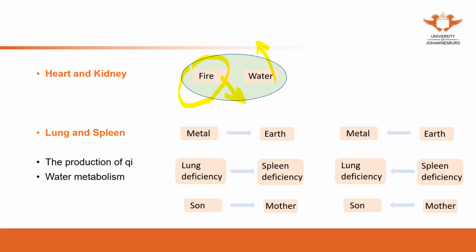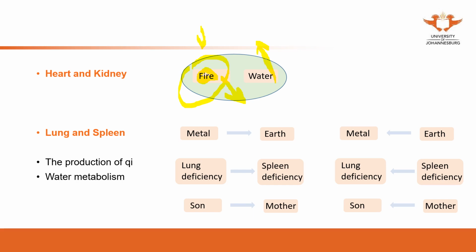This fire will consume the heart's yin. It's very similar to when you cook soup. The soup keeps boiling, you keep the heat there, and the soup becomes concentrated, which means in volume you have less water. That's yin deficiency, which will cause heart problems. In this condition, you need the kidney water to assist.